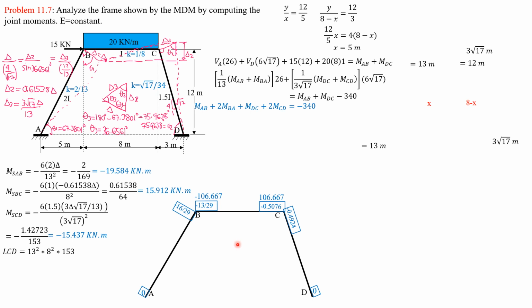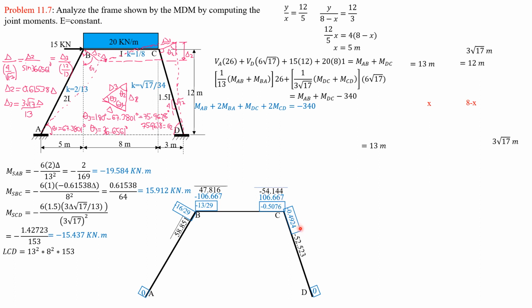Then we begin by distributing this unbalanced moment at joint B. Negative 106.667 times negative 13 over 29, 47.816 kip-meter partially. Negative 106.667 times negative 16 over 29, 58.851 kip-meter partially. 106.667 times negative 0.5076, negative 54.144 kip-meter partially.